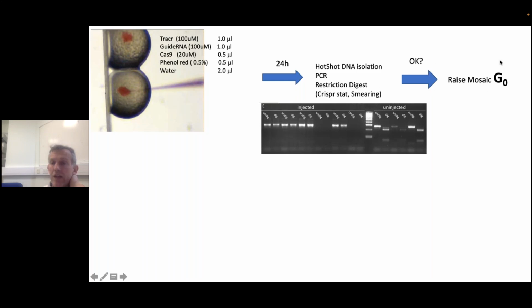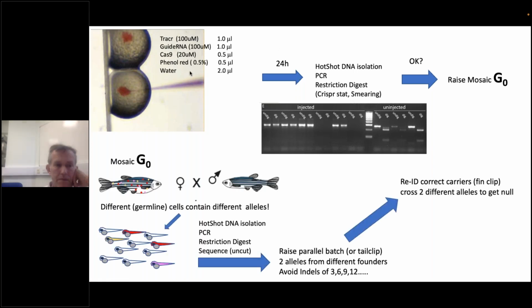And if this looks okay, then we'll take a parallel batch of fish that we haven't isolated DNA from, and we raise the fish that have been injected. So we raise the injected embryos. These embryos are mosaic, so they have all kinds of different mutations in their germline. What we do next is we cross these fish to wild type fish, and then we look at the embryos again.